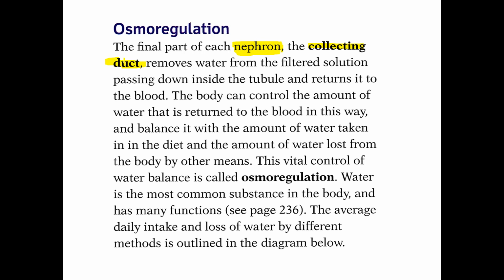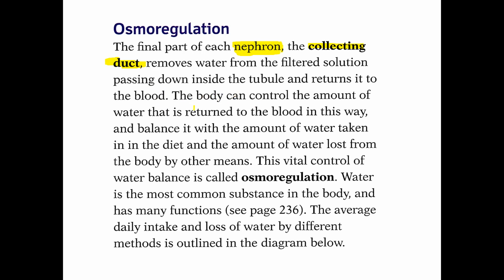This duct is the place where it collects the water and removes it. So it removes water from the filtered solution passing down inside the tubule and returns it to the blood. Here what is happening is that it's regulating the amount of water in the blood. How?